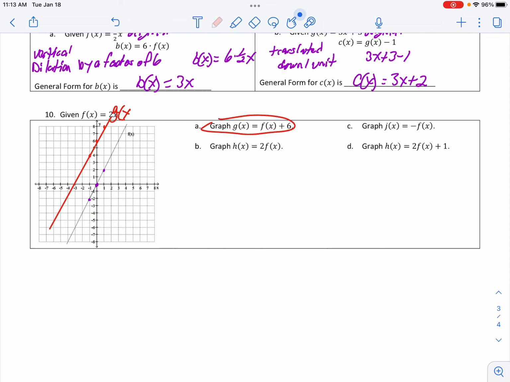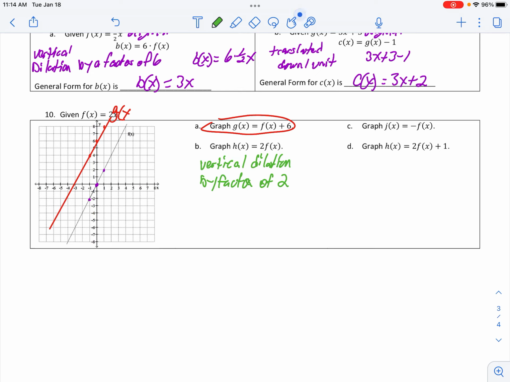Okay. Then for the next one, we want to go to f of x. So that means take the original and multiply the y values by 2. It's a vertical dilation by a factor of 2. So I'm going to take the y values and multiply by 2.